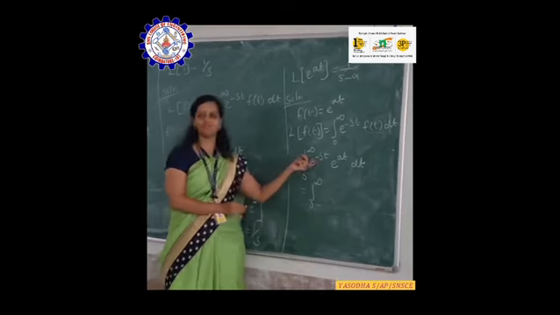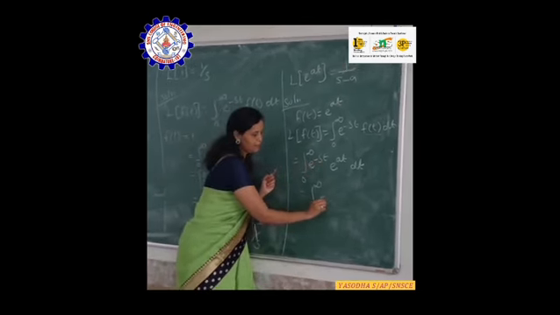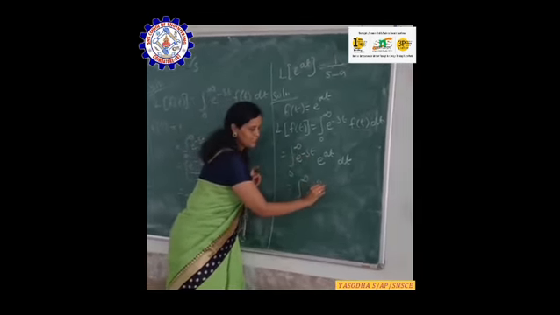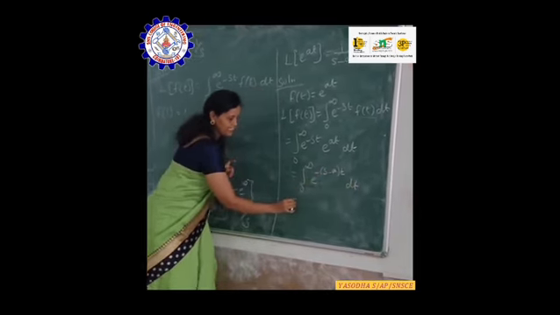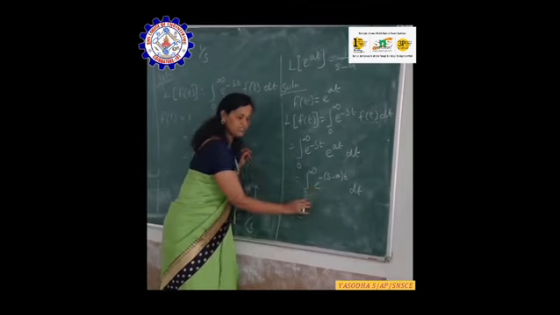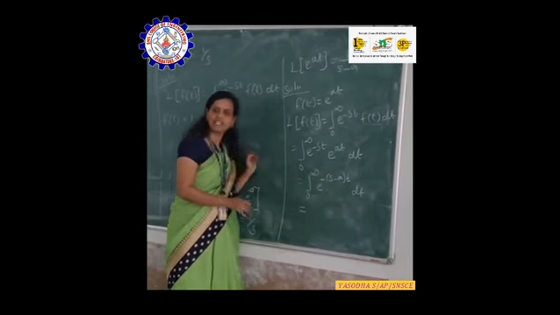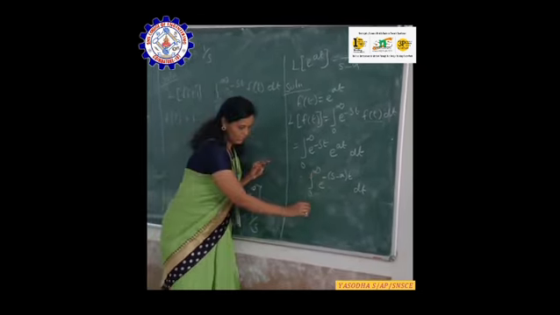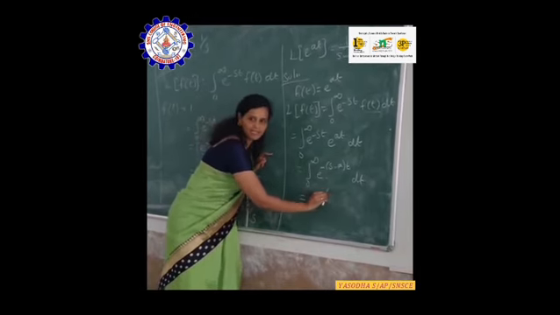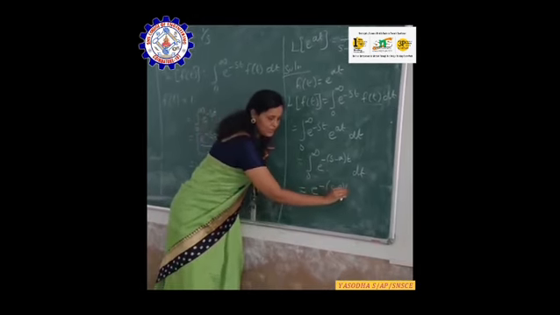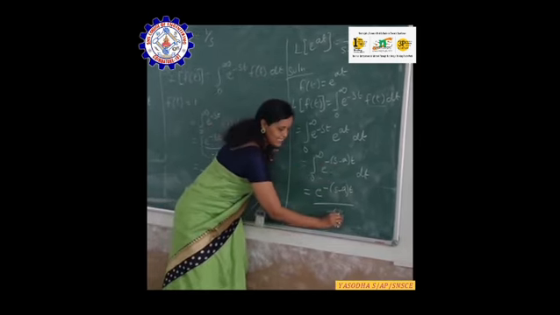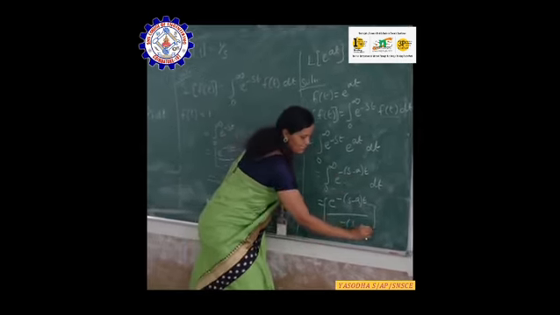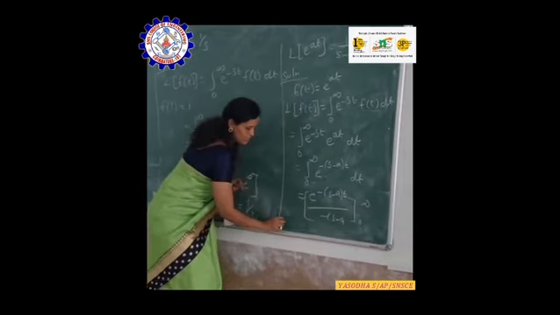Next, combine the e powers. We get e^(-(s-a)t) dt. Now you integrate with respect to t. What is the integral of e^(-(s-a)t)? e^(-(s-a)t) divided by the coefficient of t, which is -(s-a). Now apply upper limit minus lower limit.